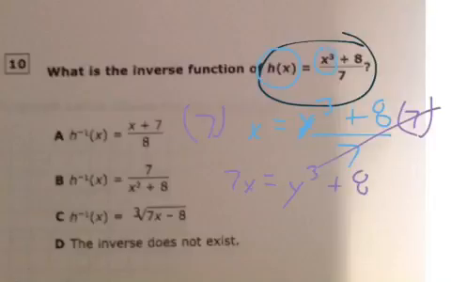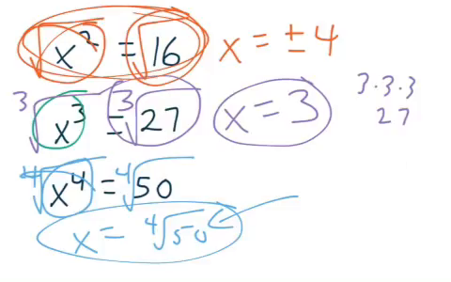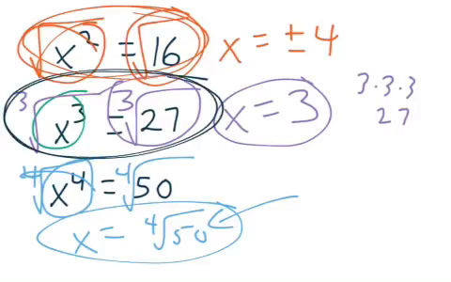What would be next, guys? That's right, we're going to minus 8 both sides. So 7x minus 8 equals y cubed. And so where did we go from here? Well, just like I showed you here, how do we right here solve for the y, or the x cubed in this case?